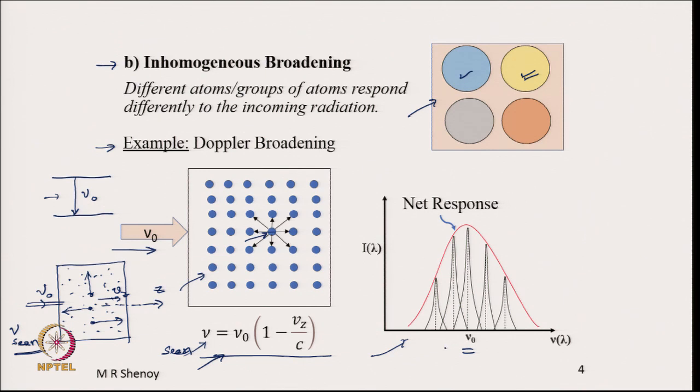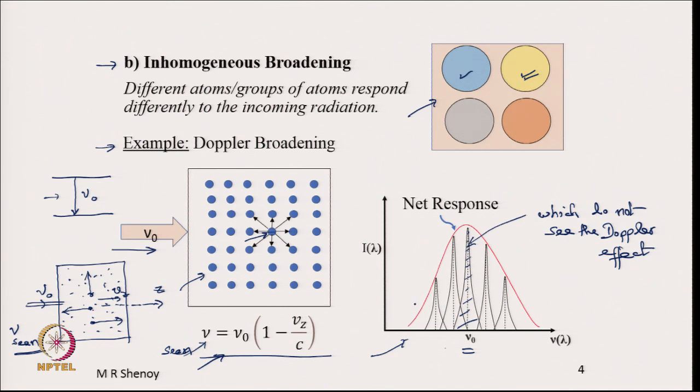So, this response is because of the group of atoms which are travelling in a perpendicular direction, which do not see the Doppler effect, because they do not see any frequency shift.